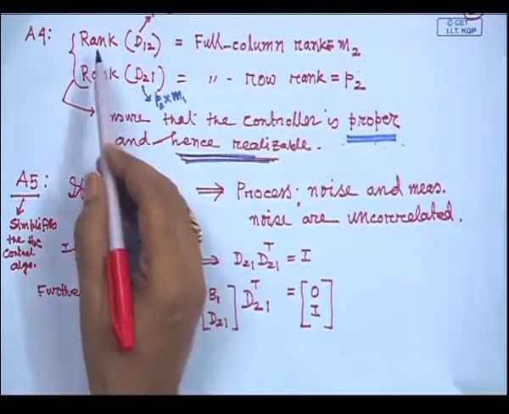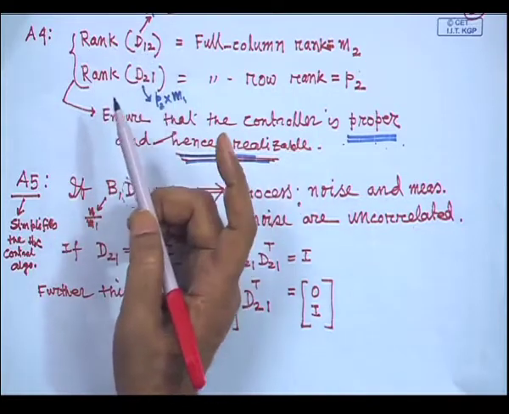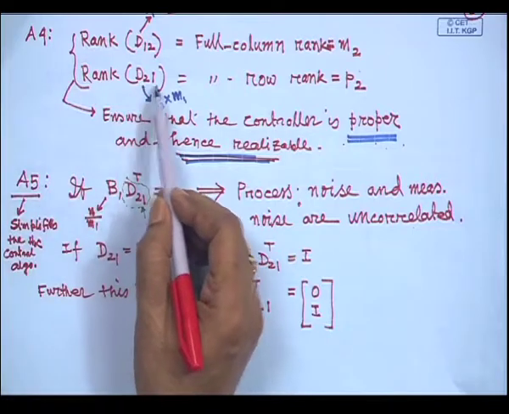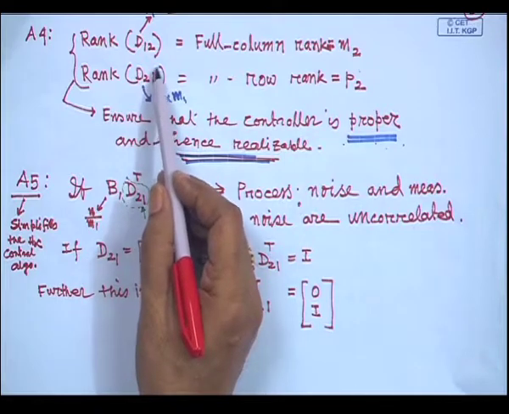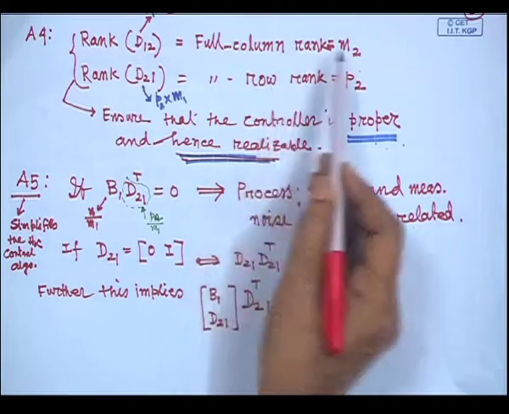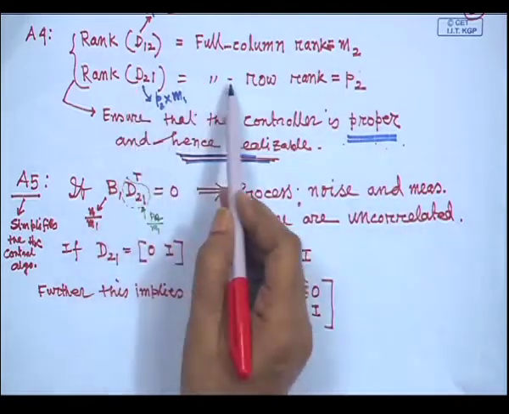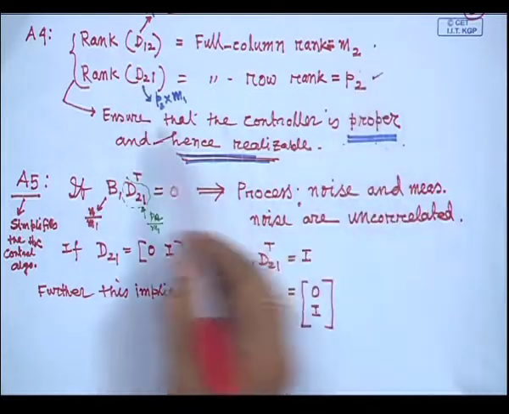So, this is condition 3, and condition 4 concerns the rank of D12 and D21. If it is the state space description of our original problem, D12 is associated with the input in the measurement equation, and D21 is associated with the exogenous input in the output equation. D12 should be full column rank, meaning rank should be m2, and D21 should be full row rank, meaning rank will be p2.